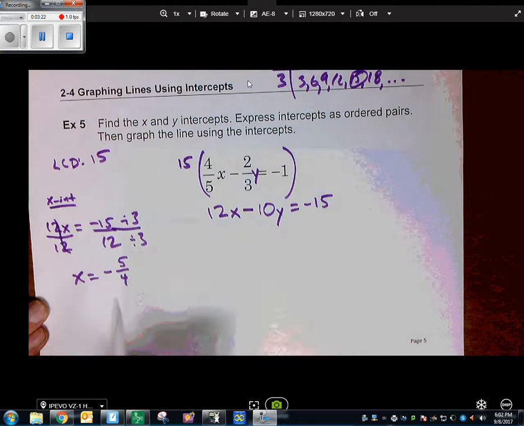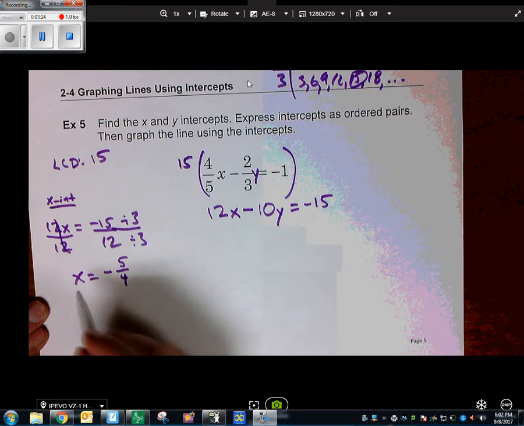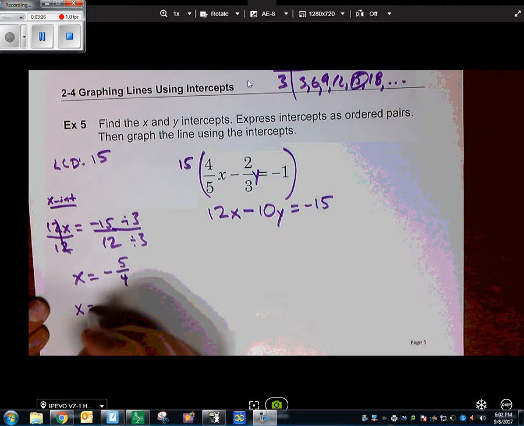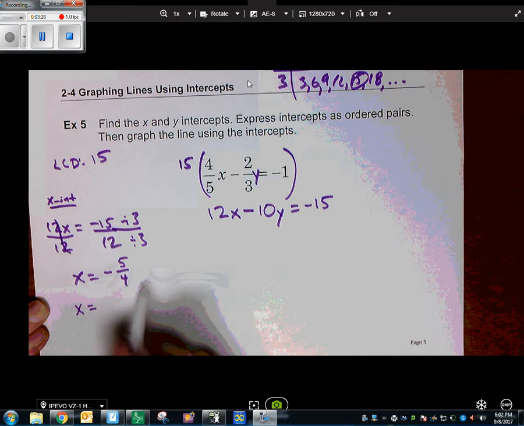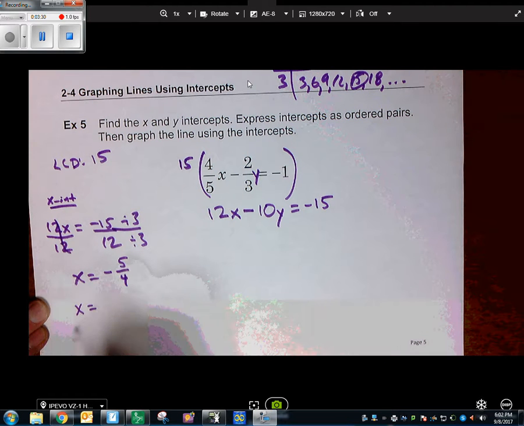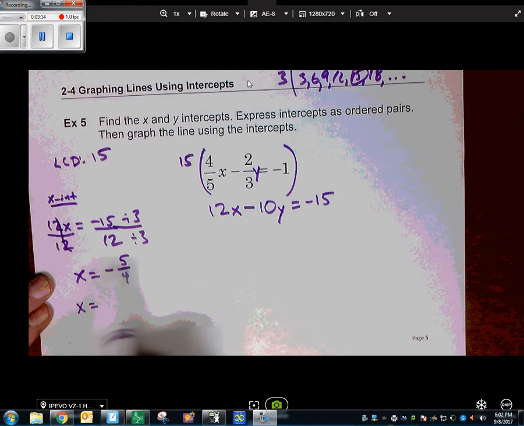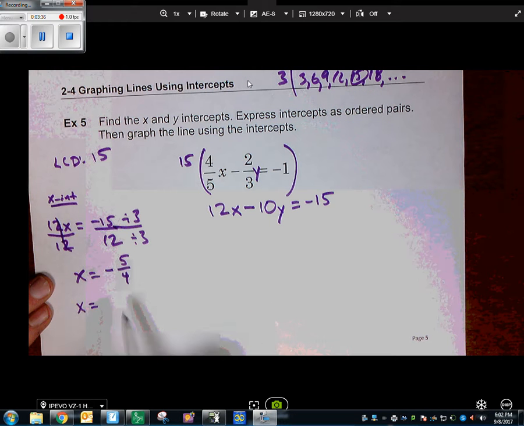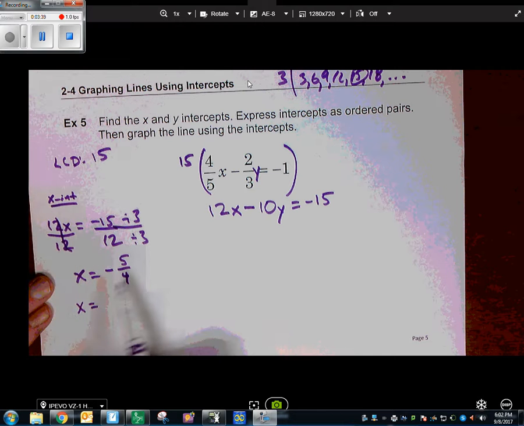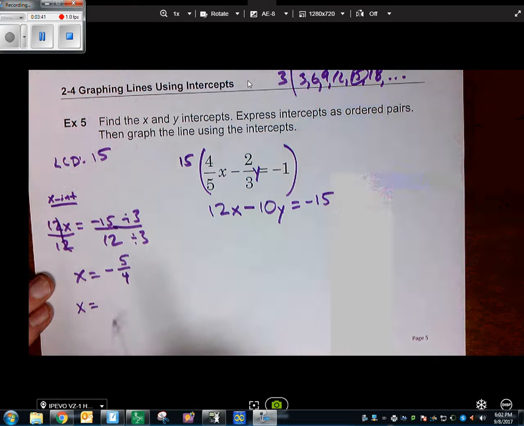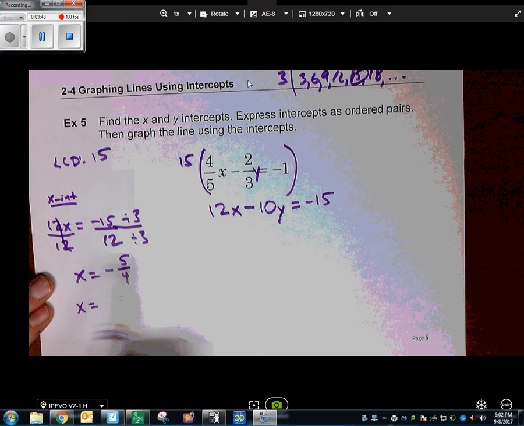Now, nothing wrong with this answer, but since we're going to be graphing, it's easier to interpret the decimal equivalent than the fraction. And again, the danger is you might treat this as a slope and go down 5 and right 4, or up 5 and left 4, something crazy like that. This is not a slope.